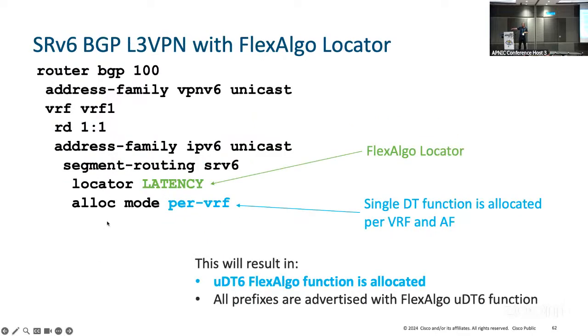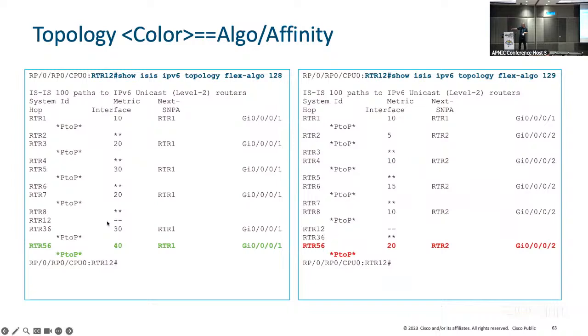Once we have that, and if you check the Flex Algo, now you can see, right? If I'm checking the IGP IS-IS for the topology Flex Algo 129, you can see the nodes showing here are a subset of the nodes. It's not every node, right? It's the subset of nodes.